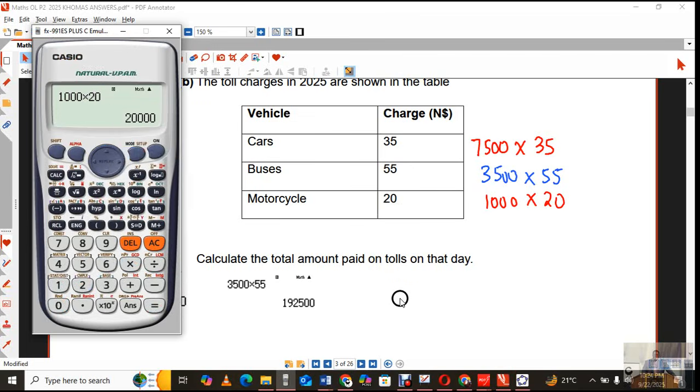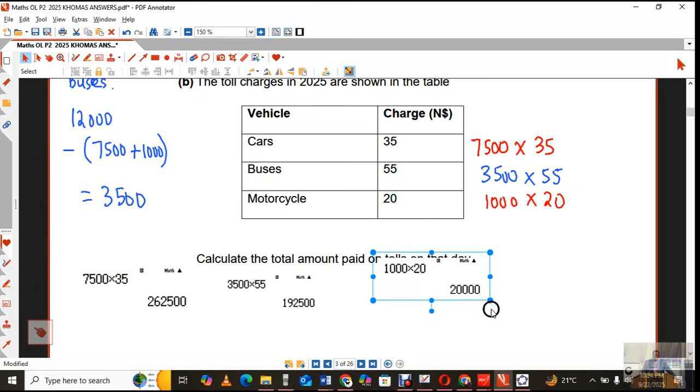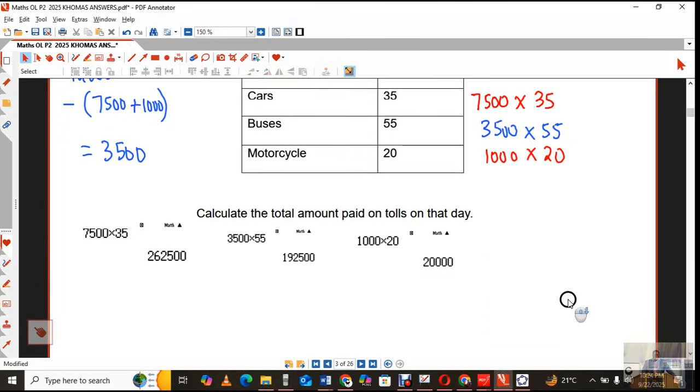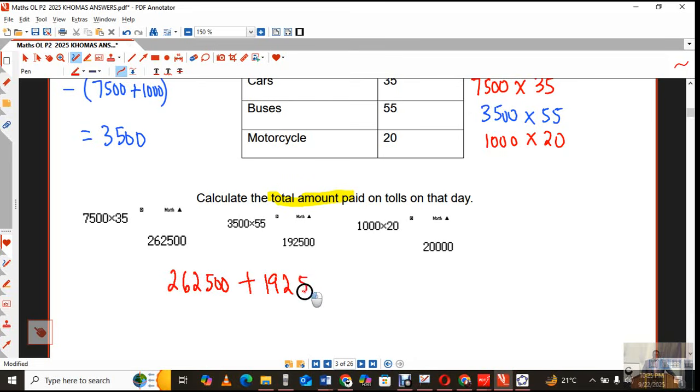So now the total just means you'll have to add them all up. As the question is requiring, we need to find the total amount paid. So we're going to add the 262,500 plus the 192,500 plus the 20,000.